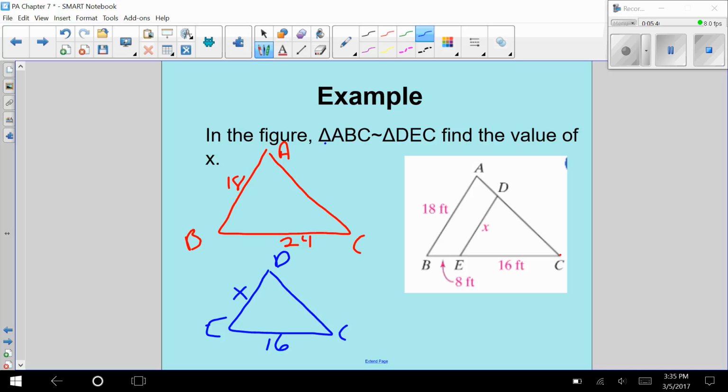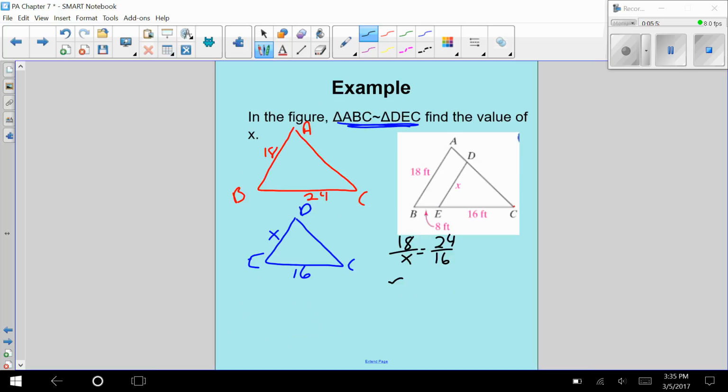But since the problem stated that these triangles are similar, I can now set up a proportion. 18 over X has to equal 24 over 16. To solve, we do 24x equals 18 times 16, which is 288. Divide by 24, and x equals 12 feet.